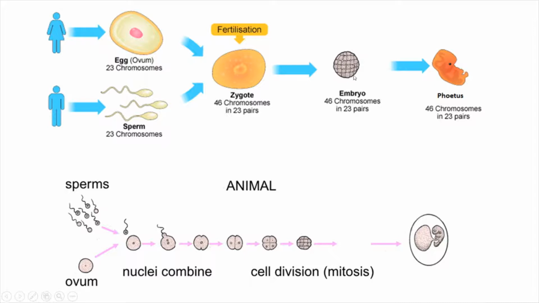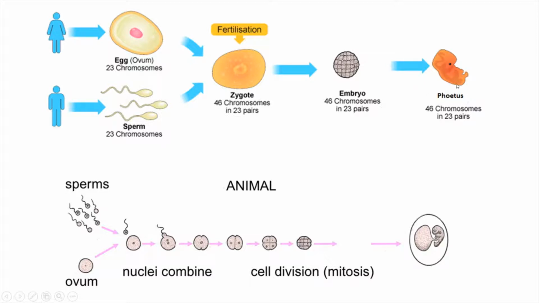This embryo in humans will travel in the fallopian tubes, because we are still in the fallopian tubes there, and will arrive at the uterus. Once in the uterus, it will transform into a fetus 2 or 3 months later.